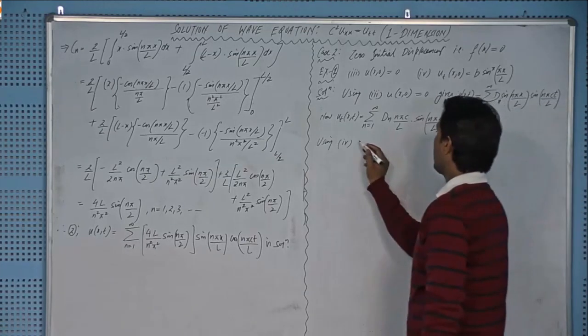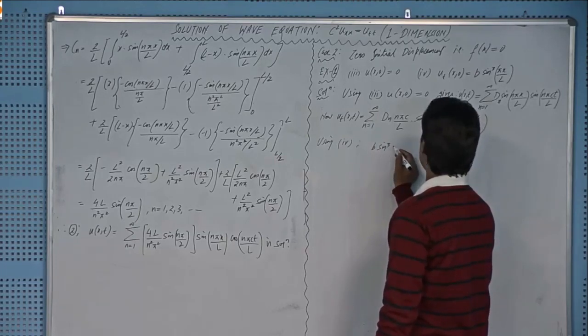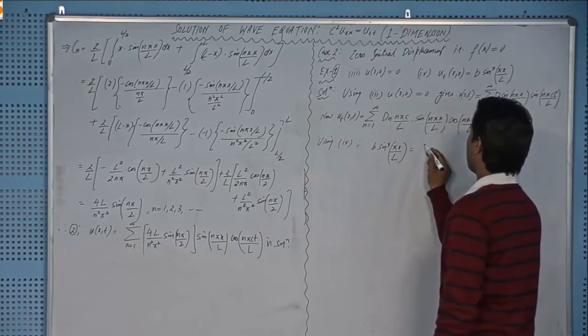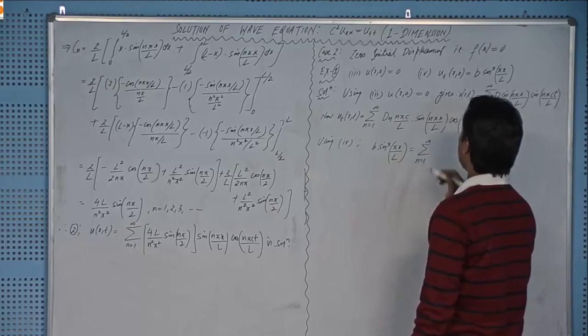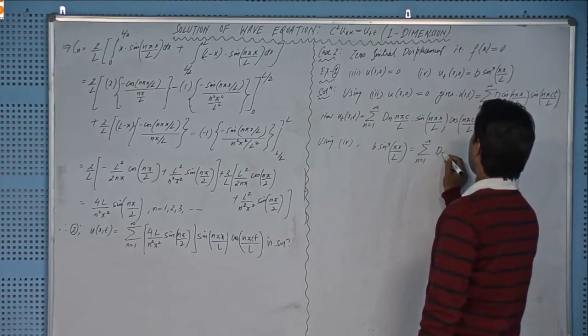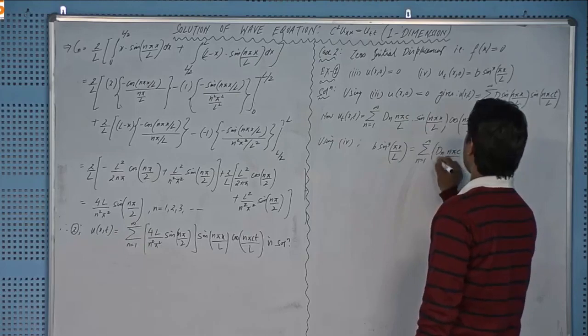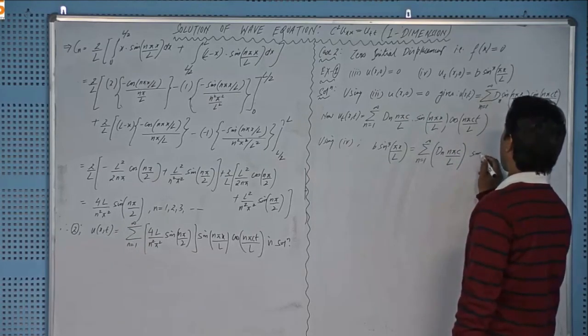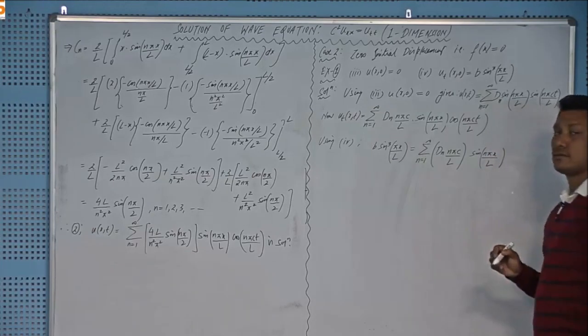I will have b sin cube(πx/L) equal to summation n equal to 1 to infinity d_n (nπc/L) sin(nπx/L), right?